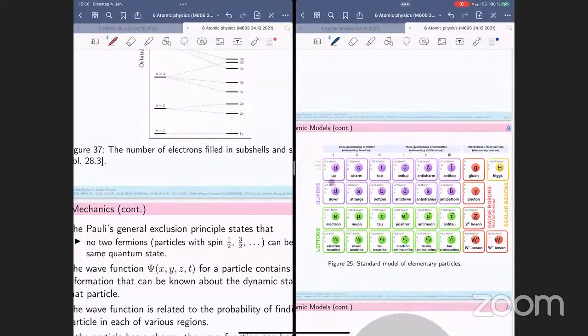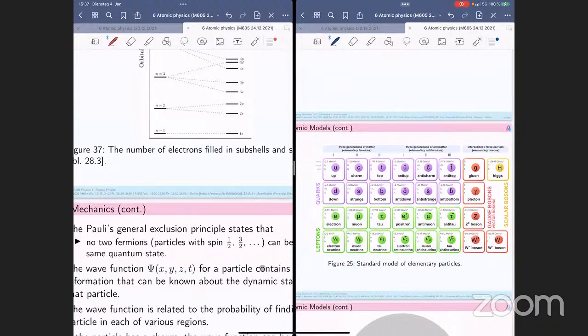Fermion is this one, the violet one here. Okay, we have quarks, right? Fermions contain also leptons. Before that, Pauli said electrons cannot have the same quantum state. Electrons cannot stay at the same energy orbit. Okay, that's the basic Pauli exclusion principle.